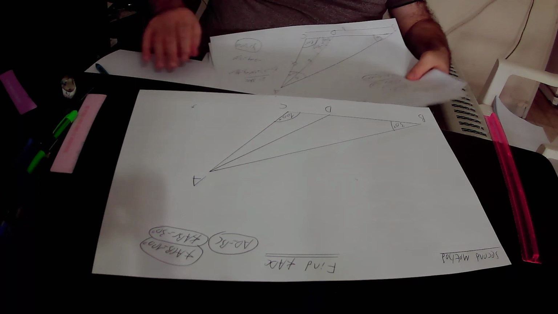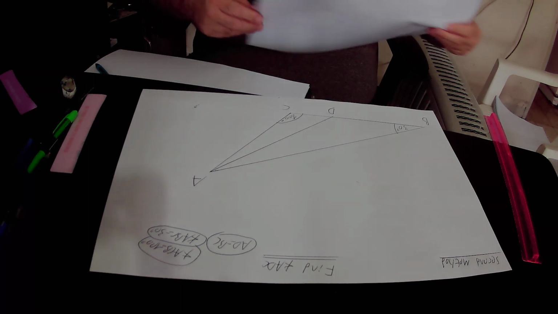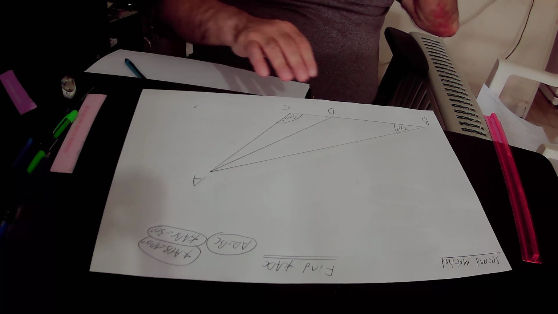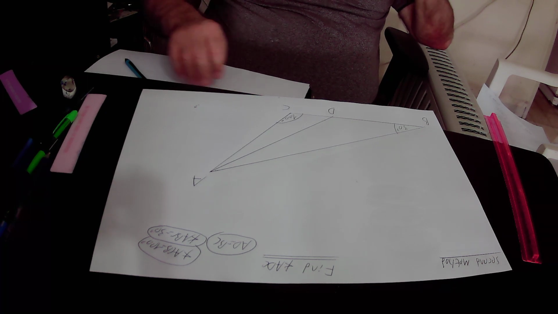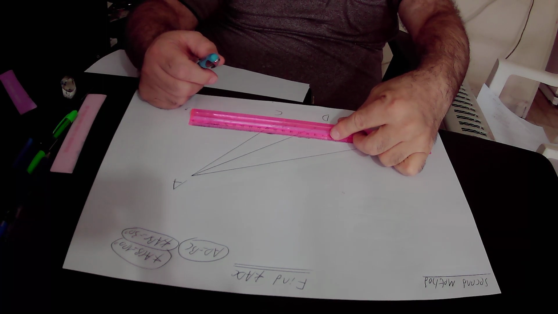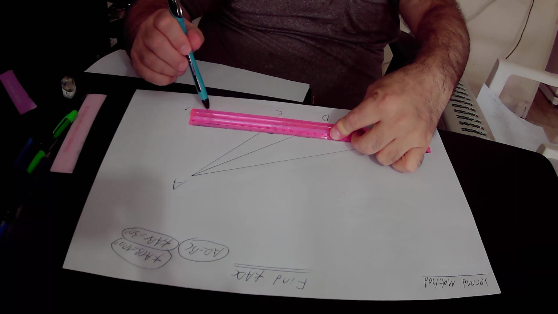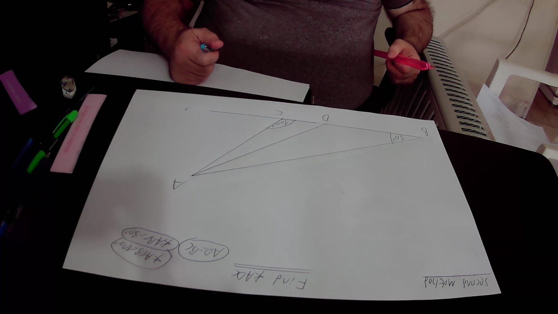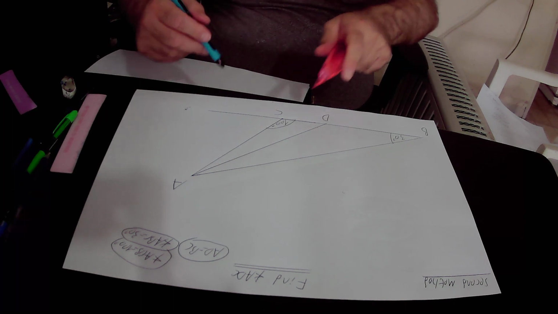In the second method, we will do a construction. We will extend side BC by a straight line. And then from point A, we will draw a perpendicular to the extended BC.